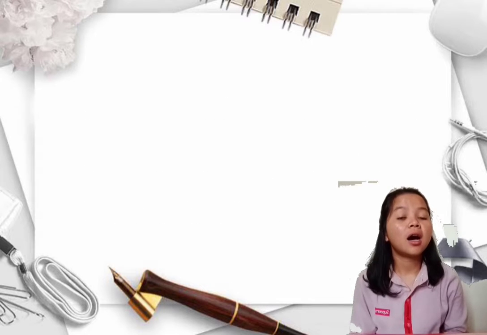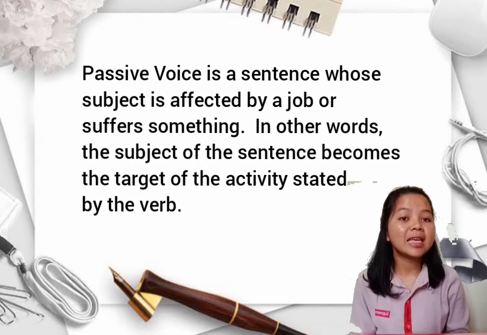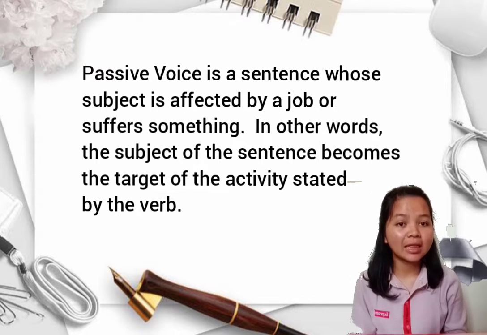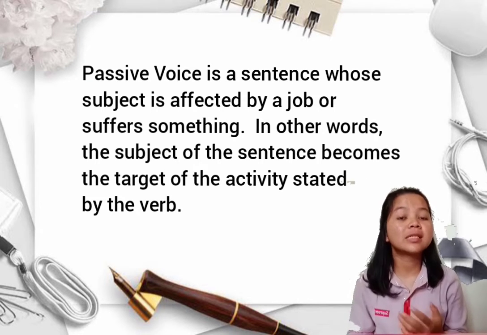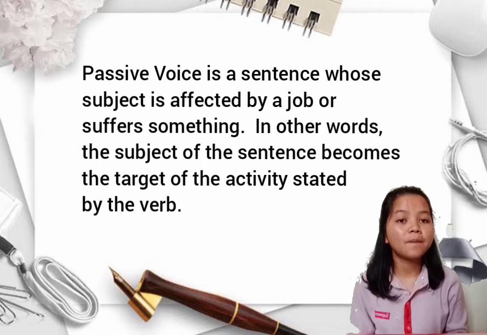Meanwhile, passive voice is a sentence whose subject is affected by a job or suffers something. In other words, the subject of the sentence becomes the target of the activity stated by the verb.